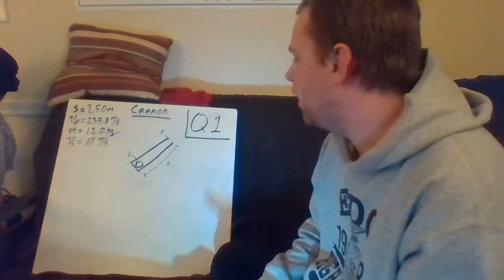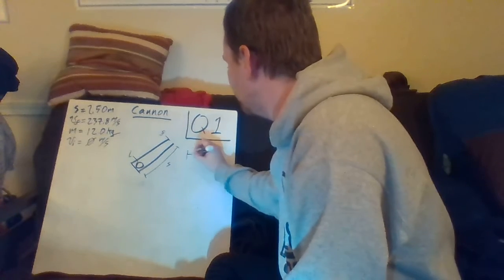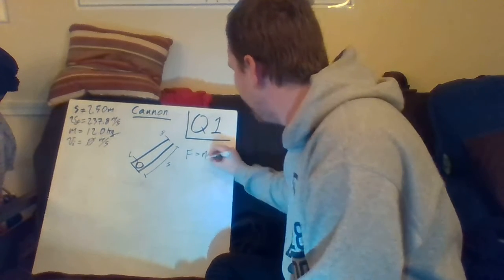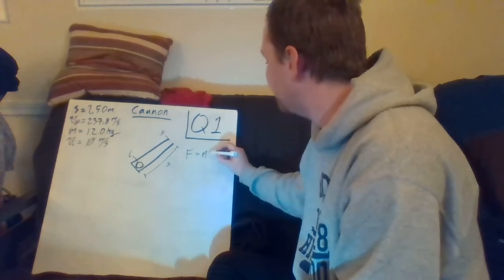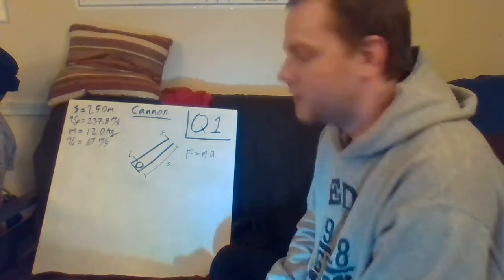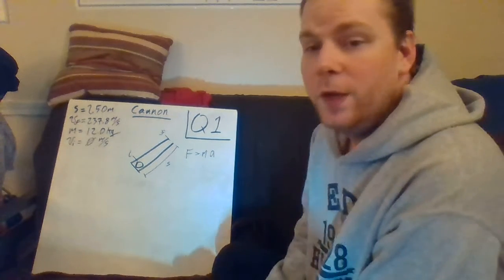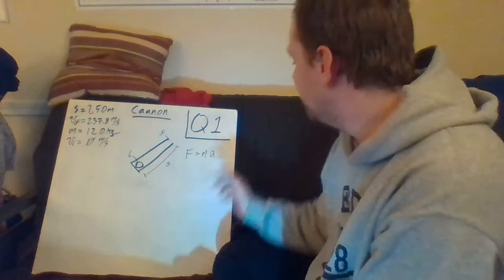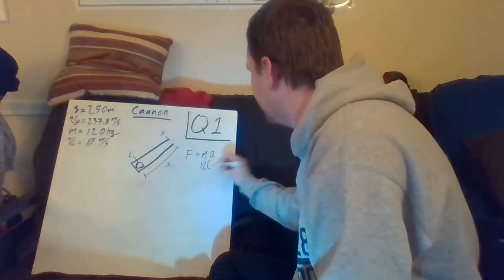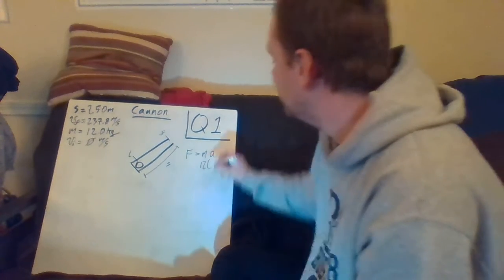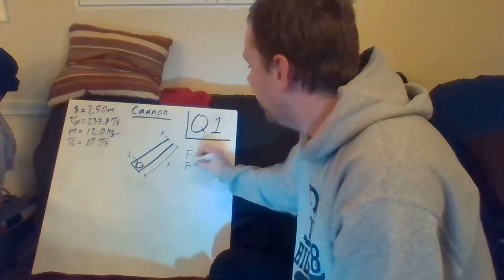In order to solve this, the force exerted on the cannonball is going to be equal to the mass of the cannonball times the acceleration that it experiences. So we need to use kinematics to get A, and then we can use the 12 times that A to get our force.